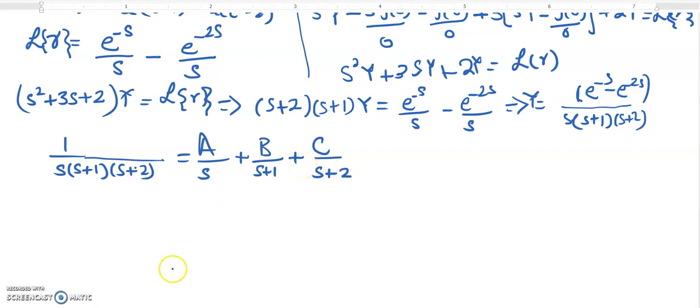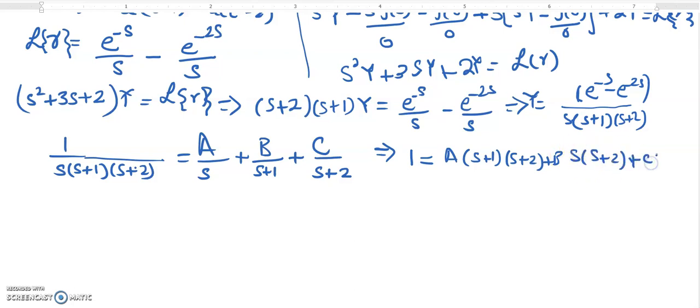Then we find the values A, B and C. We multiply this equation by the full denominator, so 1 is equal to A into s plus 1, s plus 2, plus B into s into s plus 2, plus C into s into s plus 1.